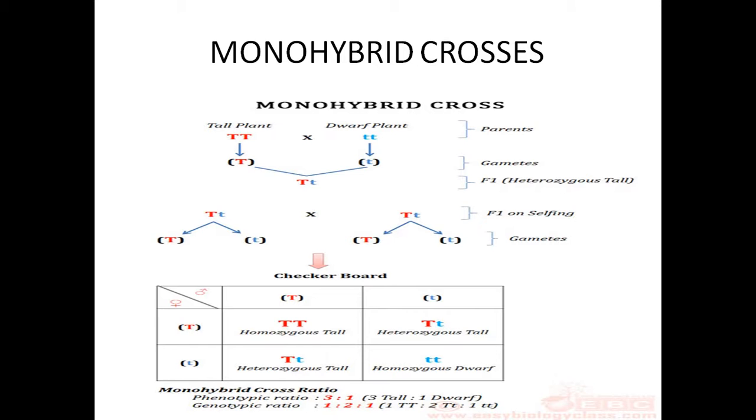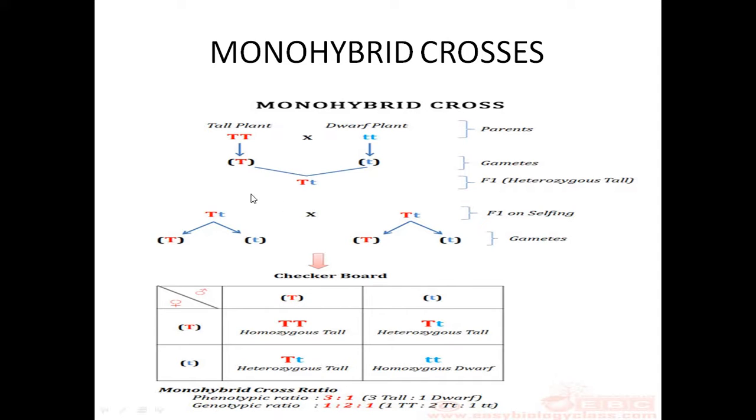Heterozygous tall. Though we have the allele small t, the plant is tall. The character which is observed here, we call the dominant character. Tall is the dominant character because it is appearing.